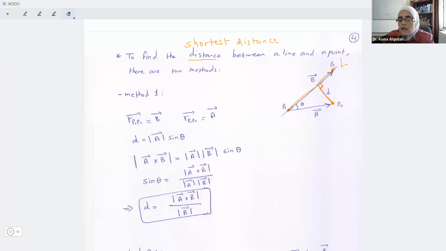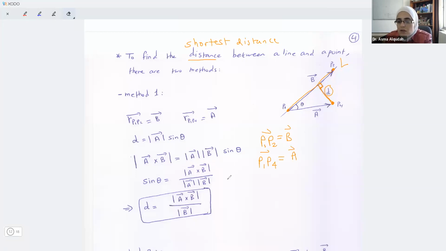We should be given at least 2 points on the line, P1, P2, and we are given the third point that is not on the line, and we want to find the distance D. So from P1, P2, we form a vector, we call it B. A vector from P1 to P2, we call it B. And we form another vector from P1 to P4. So P1, P4 is another vector, we call it A.